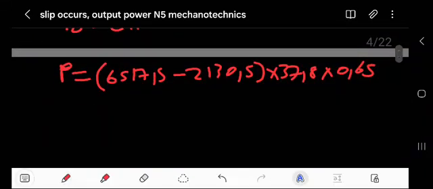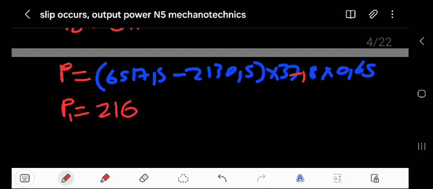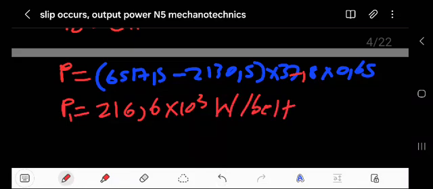And this output power would be 16.6 times 10 to the power of 3 watts, but this must be per belt.